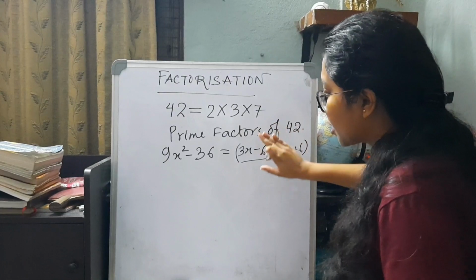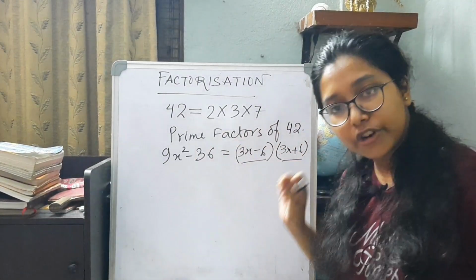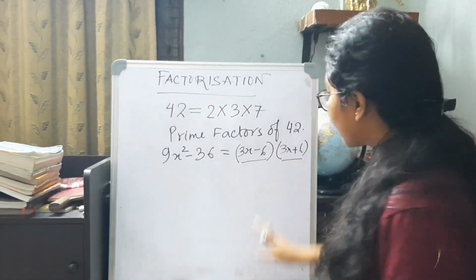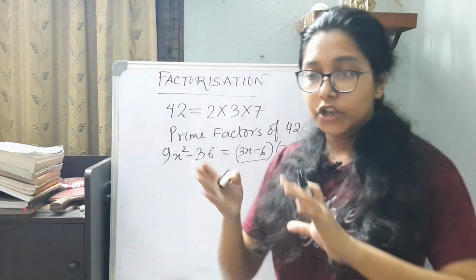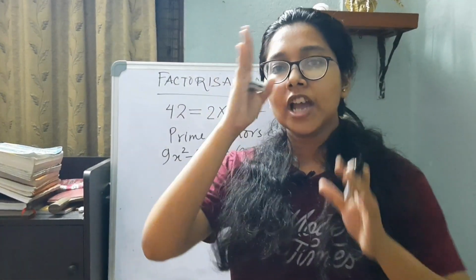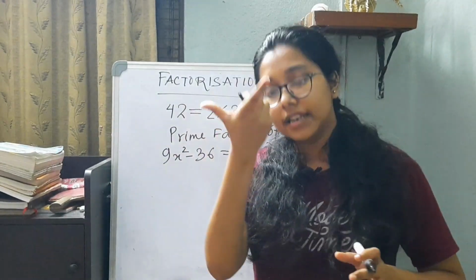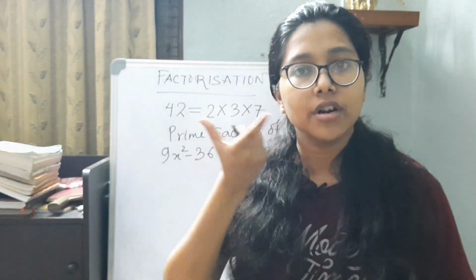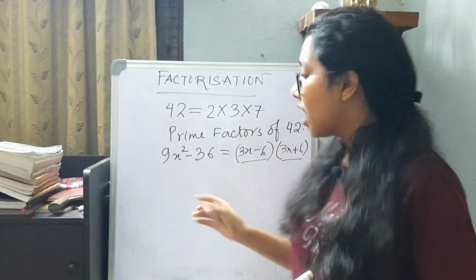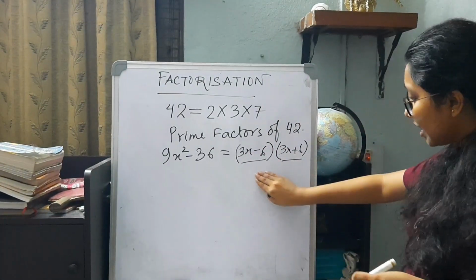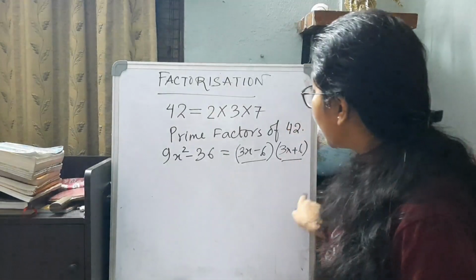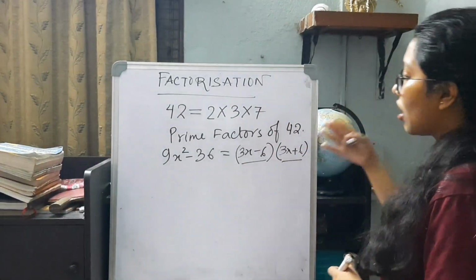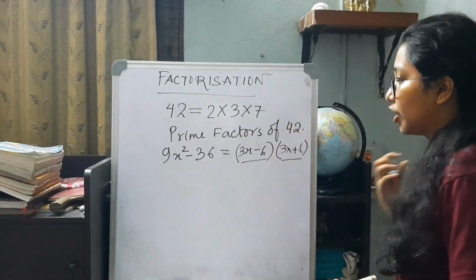That is, 3x minus 6 is a factor of 9x square minus 36, as well as 3x plus 6. So irreducible algebraic expressions, described in a product or multiplied form, two or more in number, are the factors, and that is how we go for factorization.